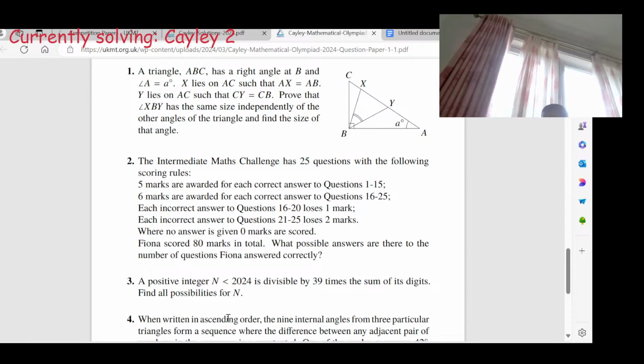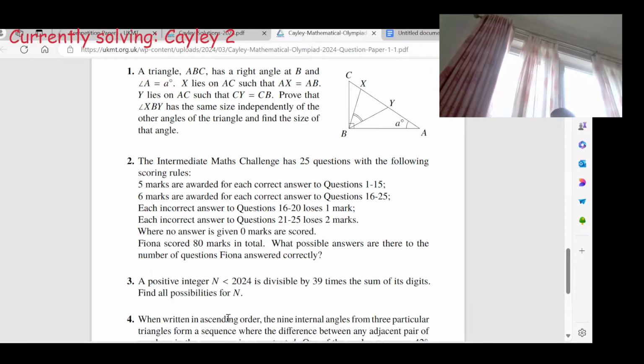What are our conclusions for problem 2? Well, the 17, 75, and we can have 15 times 5, 2 times 6.